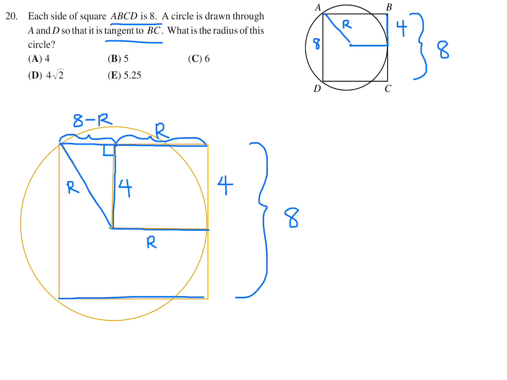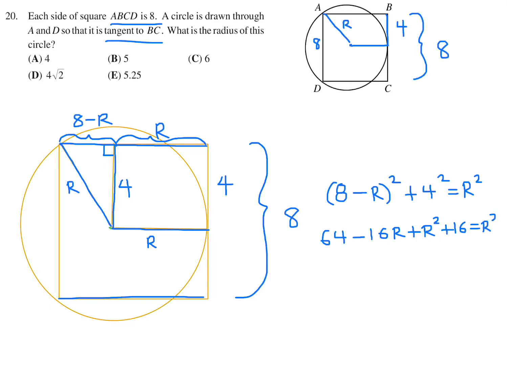Now the good news is we can tell a relationship in this triangle right here with the Pythagorean theorem. And we've got (8 minus r) squared plus 4 squared is equal to r squared. So we'll solve for this. And this will give us 64 minus 16r plus r squared plus 16 equals r squared.